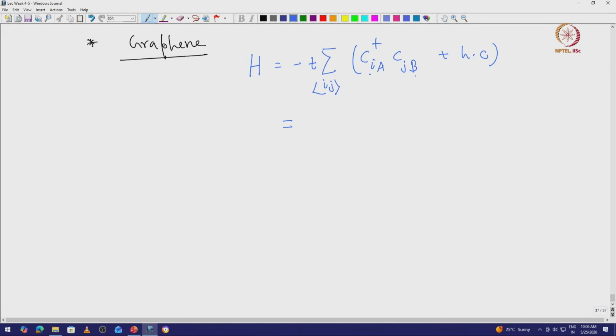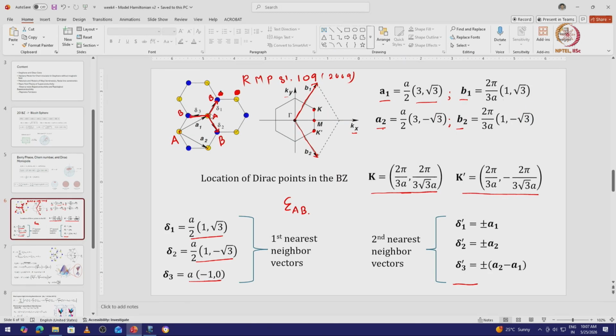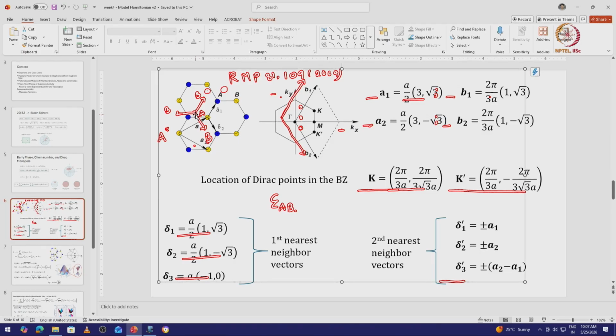So with the Fourier transformation, this will become like this, where these are the three hopping terms, with the Bloch phase for delta 1, delta 3 and delta 2.